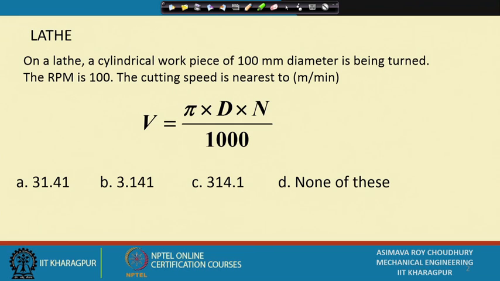In many cases, when a student is first getting to know about cutting speed, there is confusion about what is cutting speed and what is rotational speed. Rotational speed, say we refer to as n. N is equal to rotational speed.